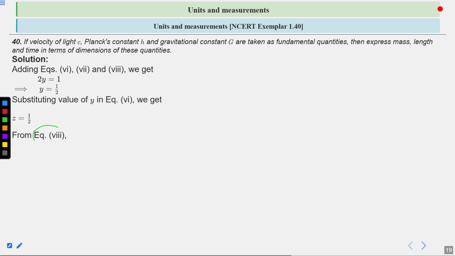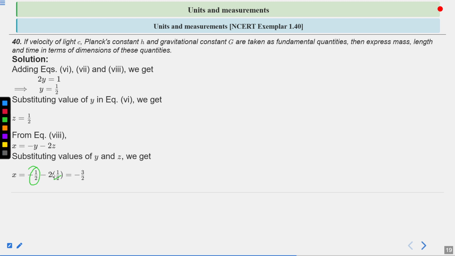From equation 8, x is equal to minus y minus 2z. We know the value of y is 1/2 and the value of z is 1/2, so substituting, x is equal to minus 1/2 minus 2 into 1/2.